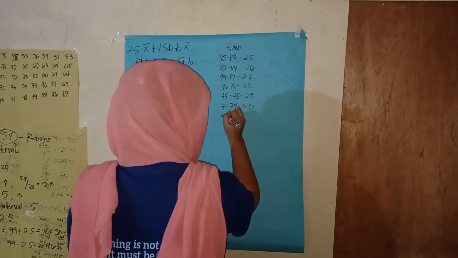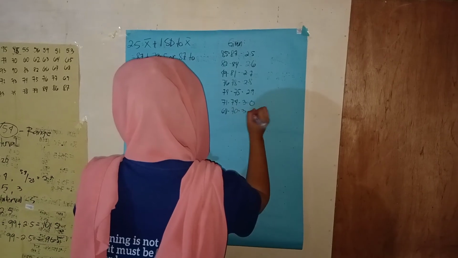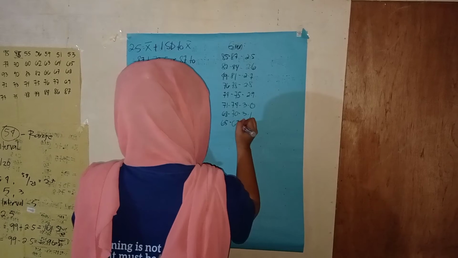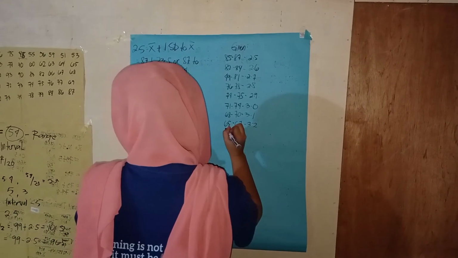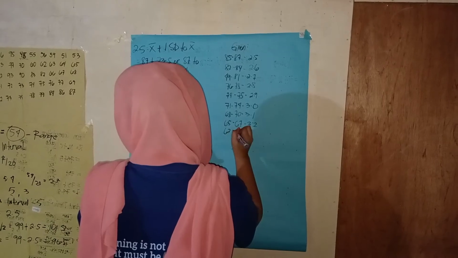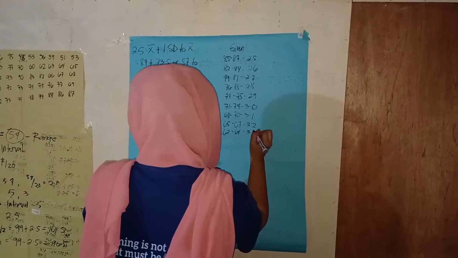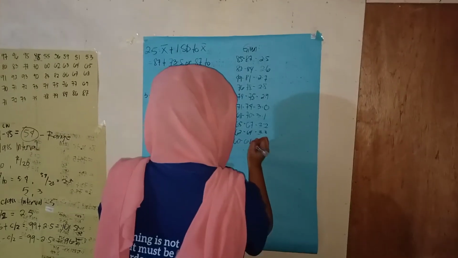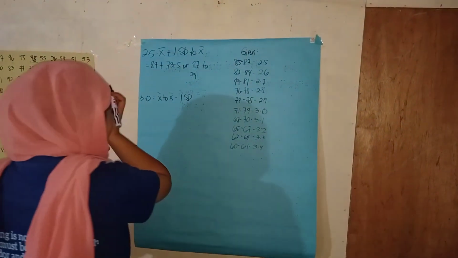And 68 to 70, we have 3.1. 65 to 67, we have 3.2. And 62 to 64, we have 3.3. And 60 to 61, we have 3.4.